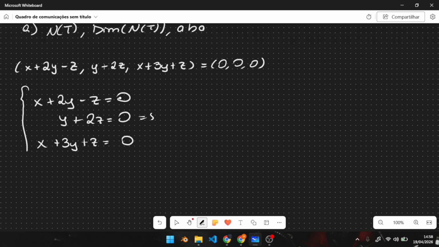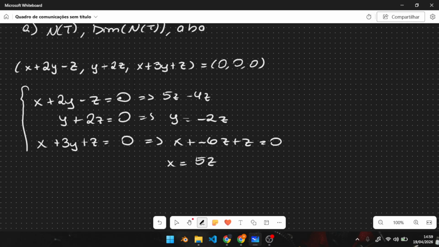From here you get that y is minus 2z, and from here you get that x plus minus 4z minus z is 0, which tells us that x is 5z. Then you put them here: 5z plus minus 4z minus z is 0, so we're gonna have 0z is 0.